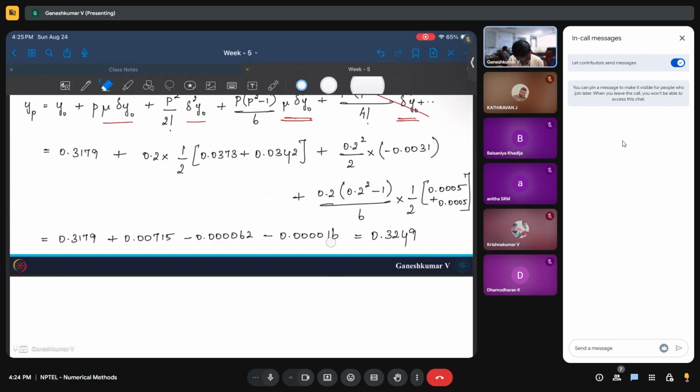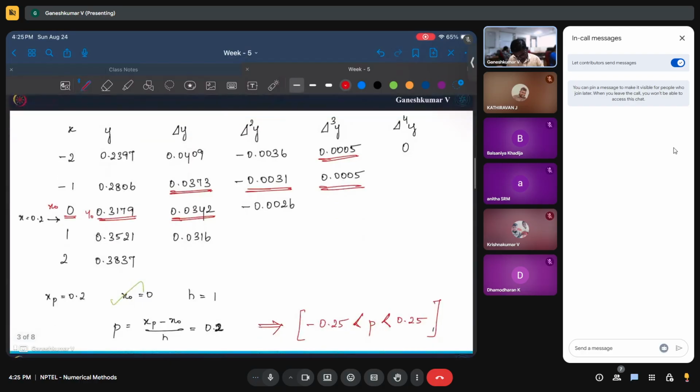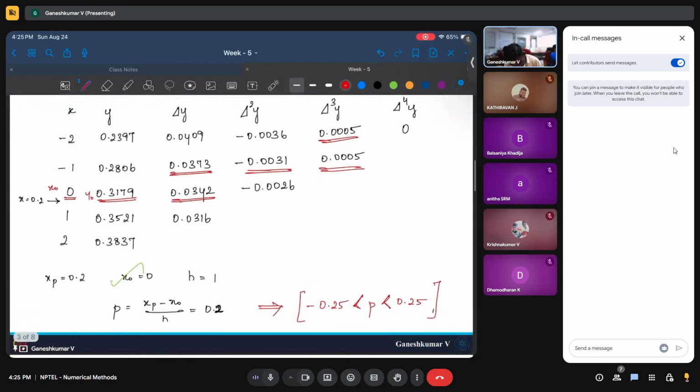Okay, so if you were to stop here, this will be your final answer, 0.3249. For example, you can go and check. Here you have 0.32, 0.28, 0.3179, so it is in increasing order.